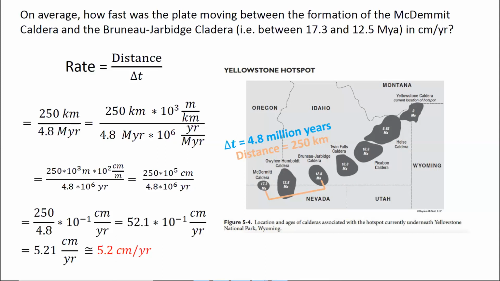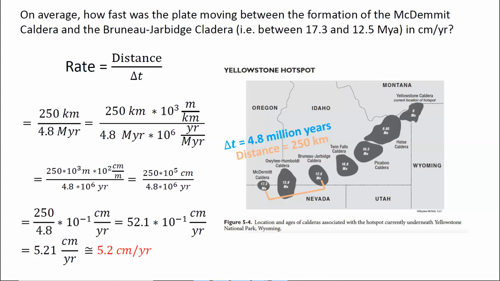So basically, from the formation of the McDermott caldera to the formation of the Bernot-Jarbidge caldera, the plate would have had to have moved 250 kilometers, and it would have taken 4.8 million years to do so. I'm not going to go through all the math in detail, but you should spend a little bit of time looking through these steps because you'll have to go through these steps in the lab quiz.